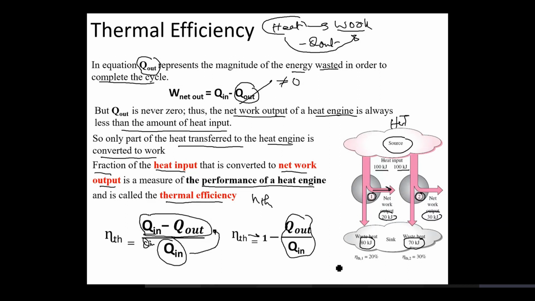Efficiency for engine 1 would be the net work output divided by the heat input, which is 20%, and for engine 2 it would be the net work output 30 divided by 100, which equals 30%. So this is how you find the thermal efficiency of a heat engine. Clear enough?